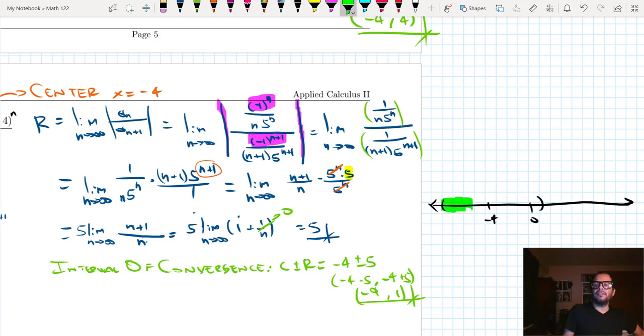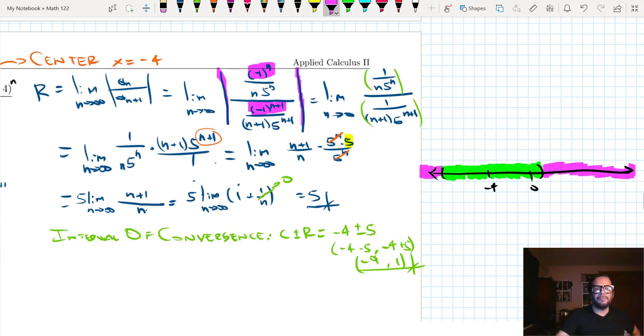So this is the interval of convergence. This is the set of all values for which, when you plug in x to the series, you will obtain a convergent series. Otherwise, if you pick a number between 1 and infinity or negative 9 and negative infinity, your series will for sure diverge.